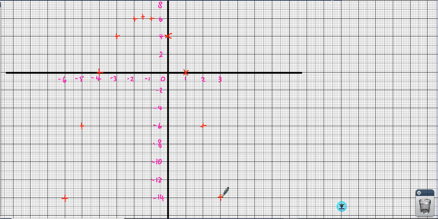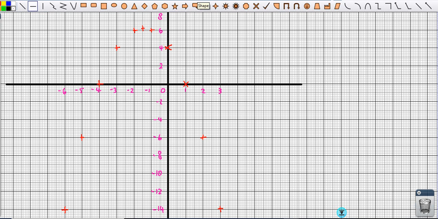There we got our curve. I'm going to draw the curve. I have to restart because I clicked twice.